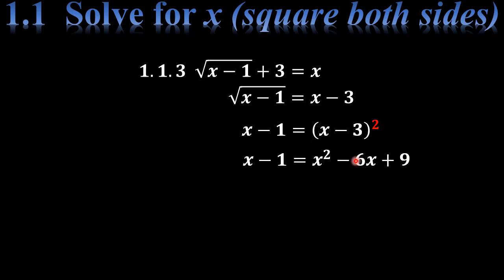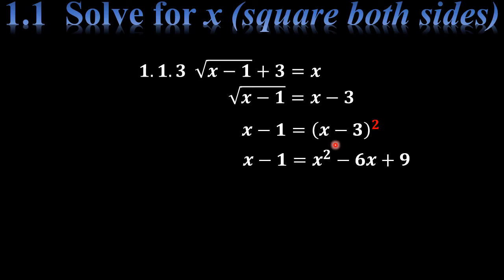How do you get the middle term? You multiply everything. 2 times x times minus 3. It's positive, positive, negative, it will give you negative. So 2 times x times negative 3 will be minus 6x. That is how you remove the brackets.